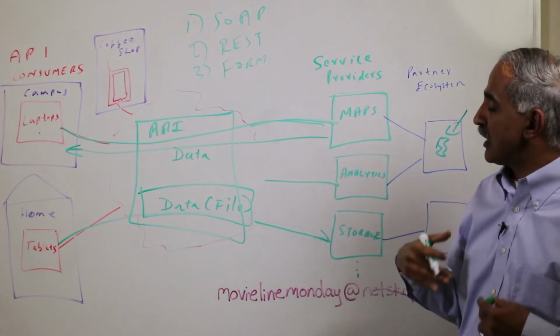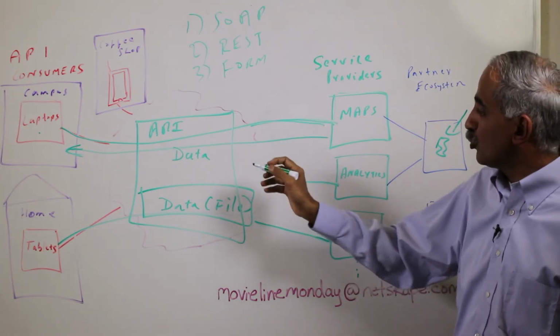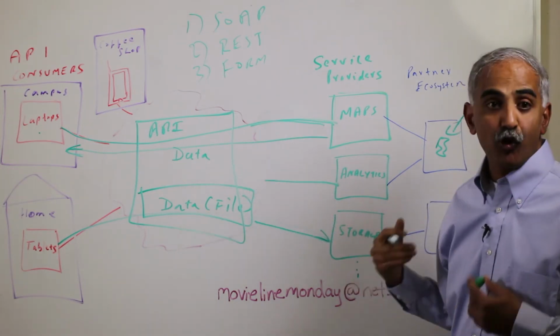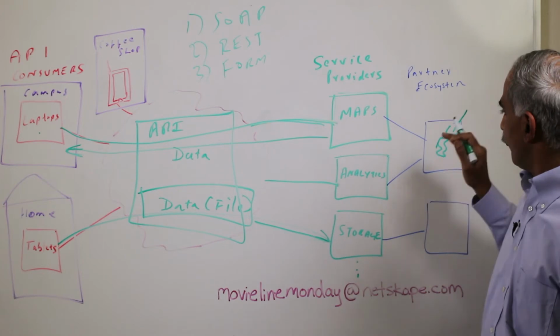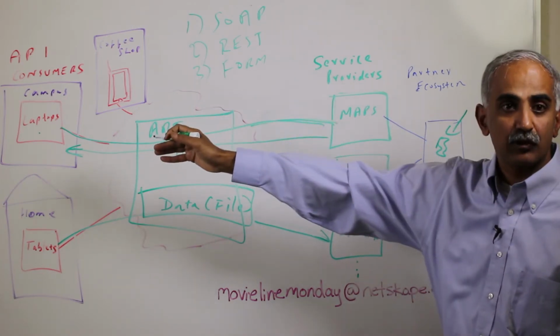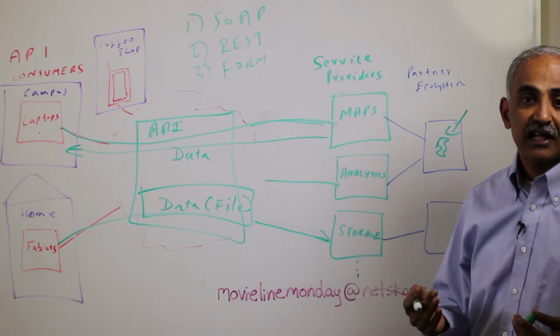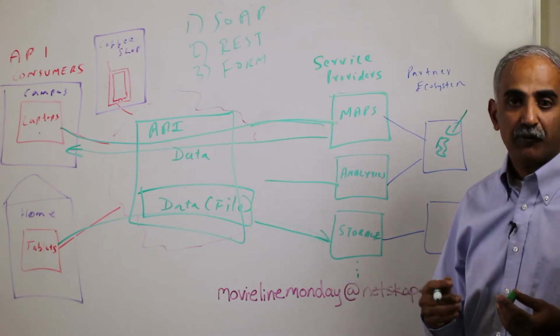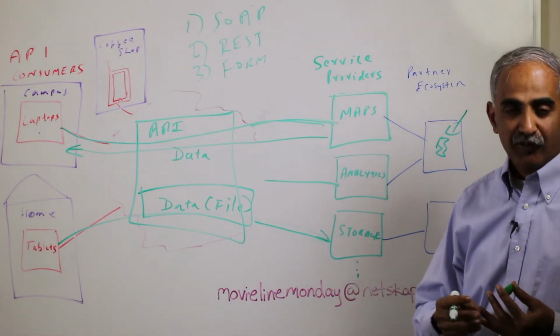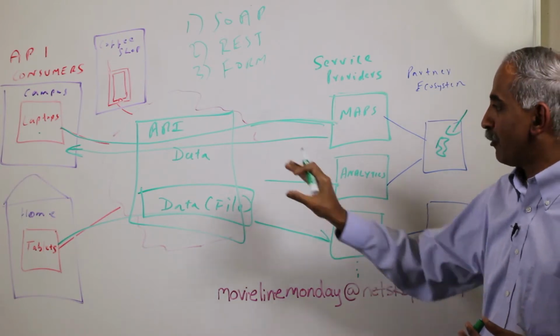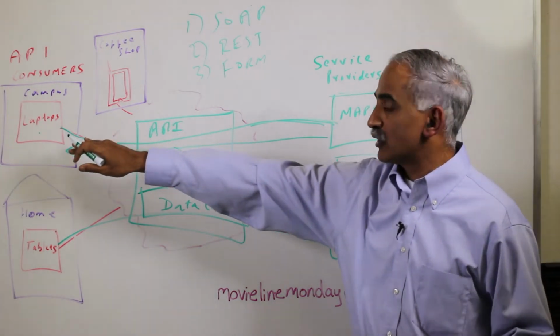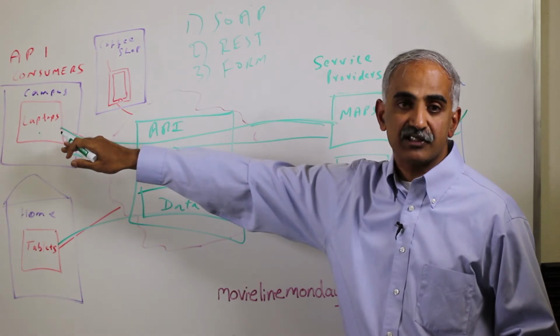And once you do the API level inspection, you can identify the flow of data. Is the data flowing from the service provider to the client? In which case, you want to have a bunch of security services that is able to inspect the data for malware, for viruses, and any other type of infection that could infect the end system.